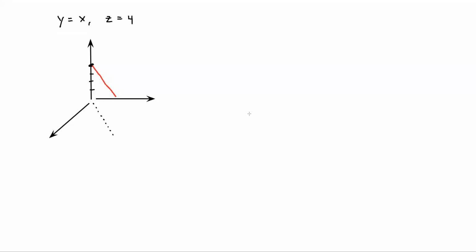And then one more. So we could go through and do z equals y squared and x equals -2.